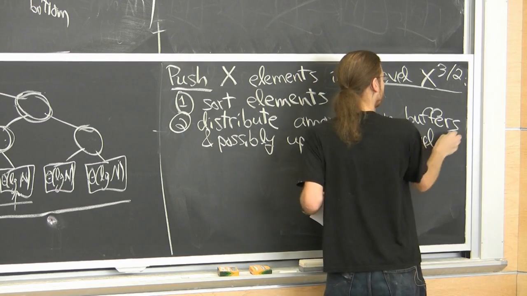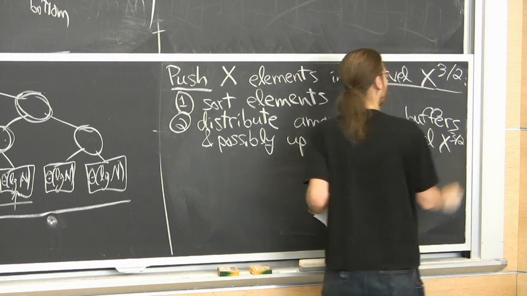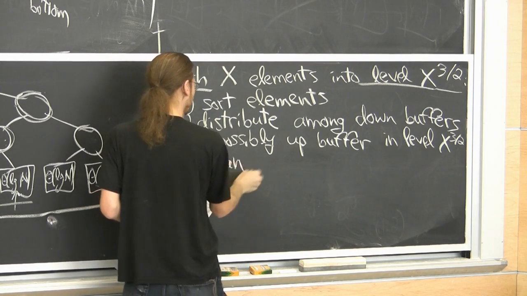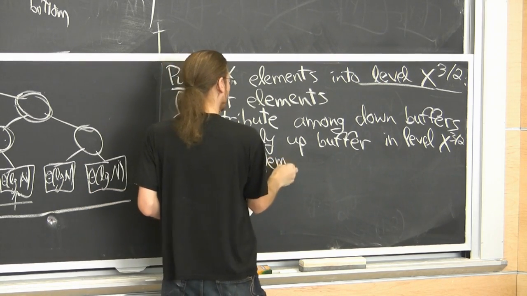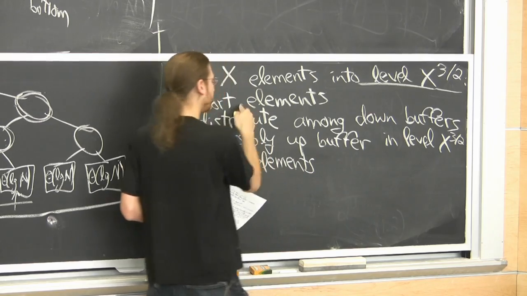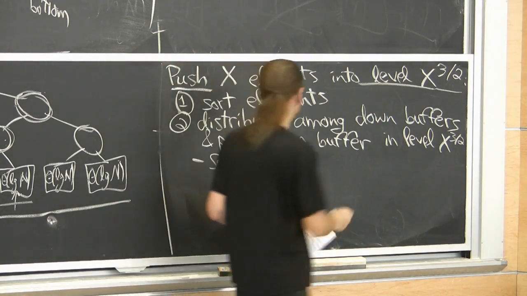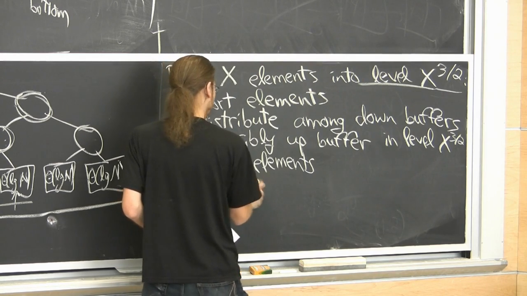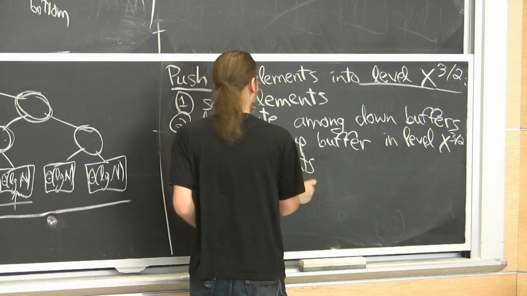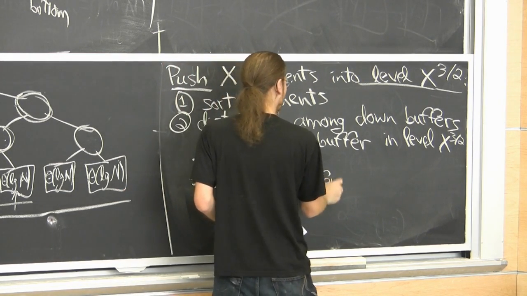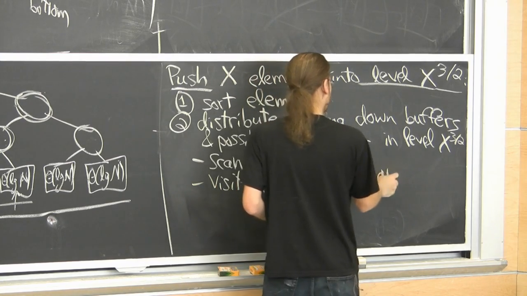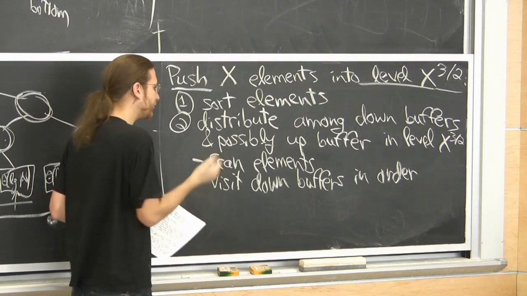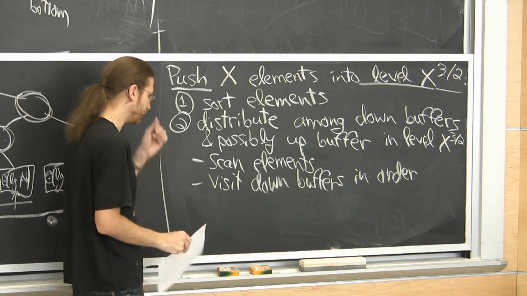So we're looking at level X to the 3/2 and just scanning sequentially. Because we just sorted them, we're scanning them in order. We visit the down buffers in order and insert into the appropriate down buffer as we go.